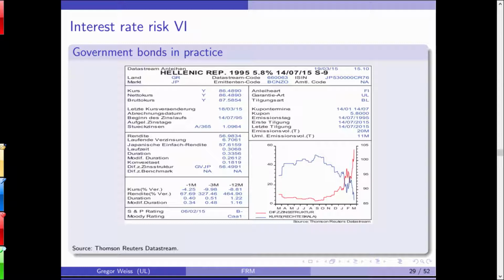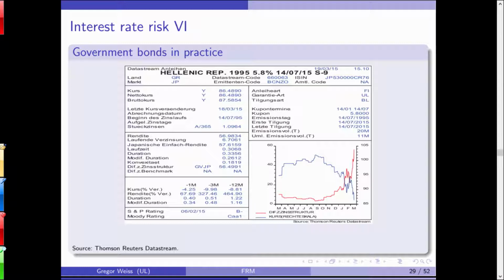Actually, this bond only paid out one single payment of 105.8. Still, it might have been a bargain in August 2014.